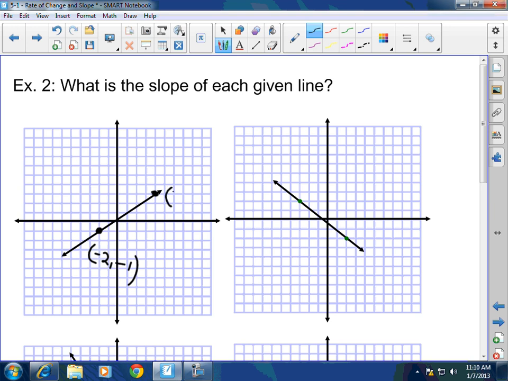So that's 4, 3. X1, Y1, X2, Y2. Y2 minus Y1 over X2 minus X1. That's going to be 4 over 6, which is 2/3, sir.